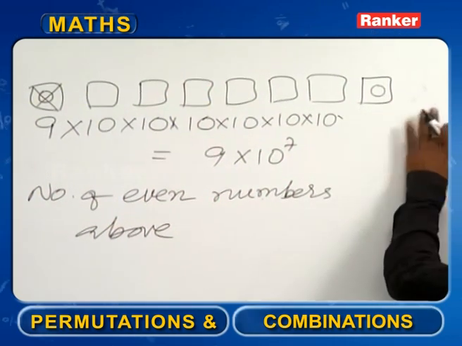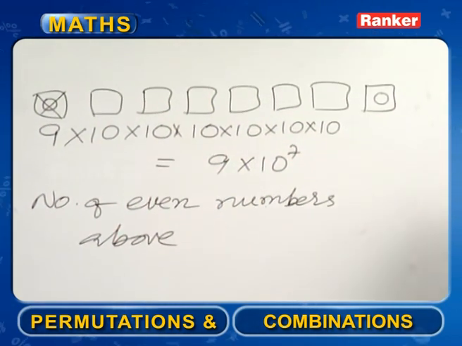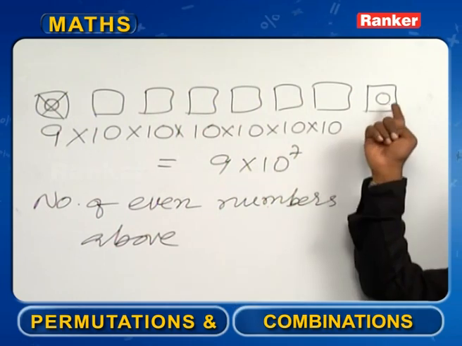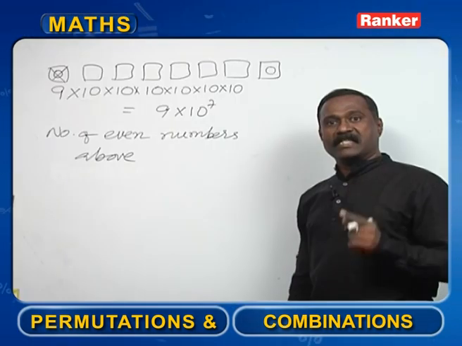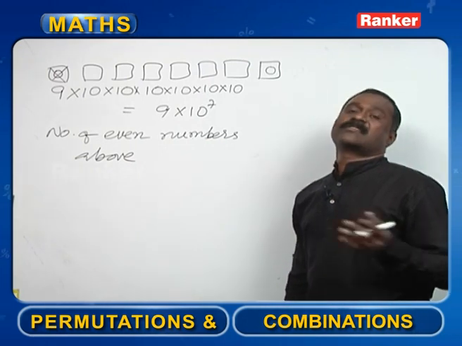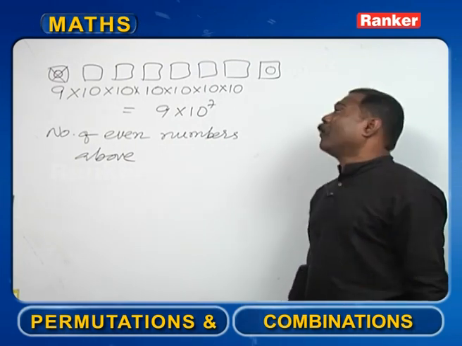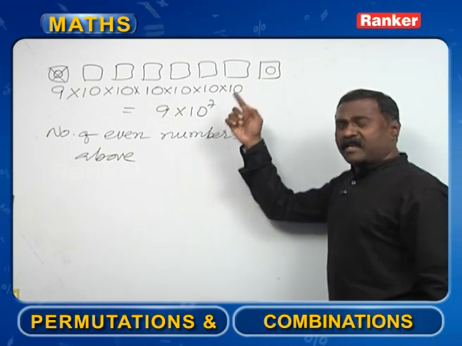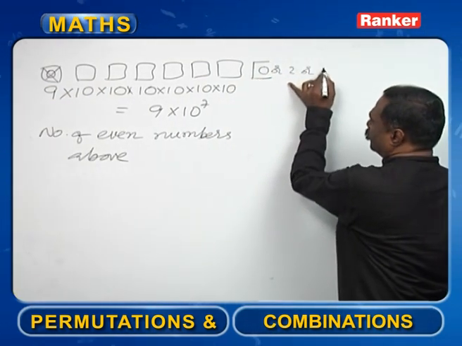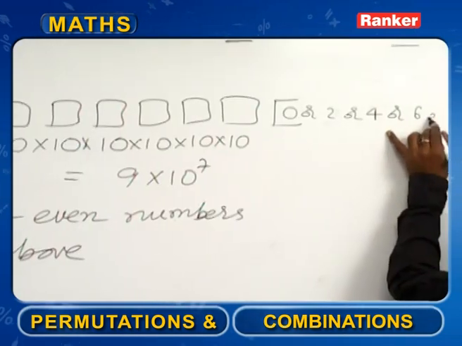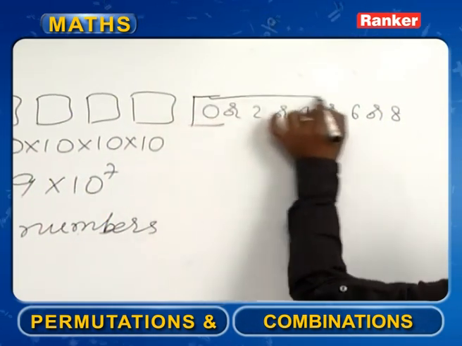I'm avoiding this because my even number or odd number depends on this place. If this place contains a number which is divisible by 2, then you can say that it is an even number. So I can fill this place either with 0 or with 2 or with 4 or with 6 or with 8. Understand it please carefully.